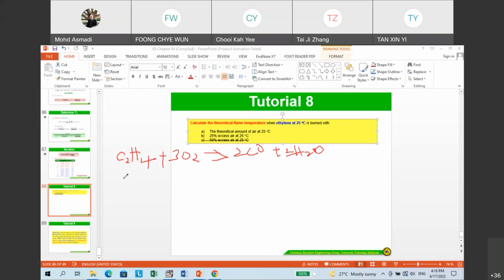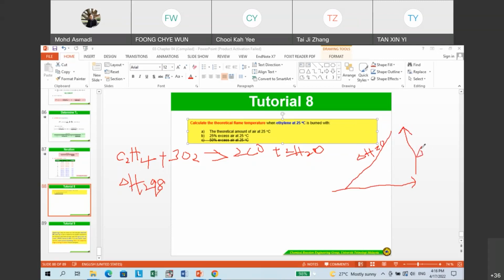So what you have to do is find delta H 298. Please remember you have to draw the hypothetical path first. Because we consider this adiabatic, delta H equals 0.